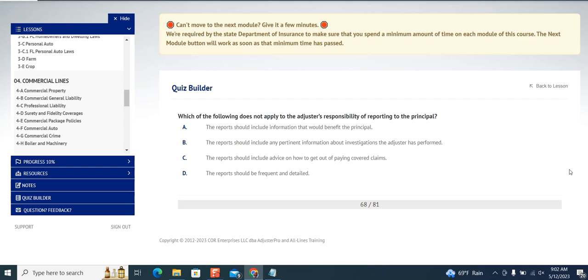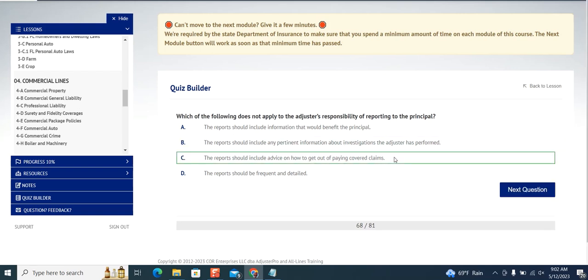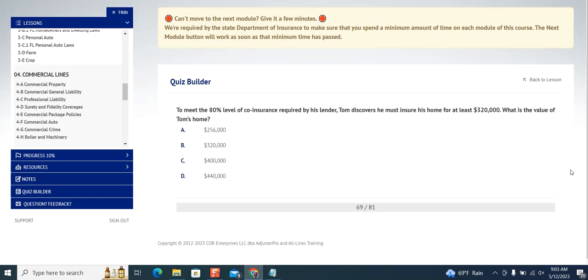Which of the following does not apply to the adjuster's responsibility of reporting to the principal? The report should be frequent and detailed. Oh, wait a minute. We got a stupid answer right here. The report should include advice on how to get out of paying coverage. Ain't nobody going to give you advice on that. Come on now. That was a walk in the park.